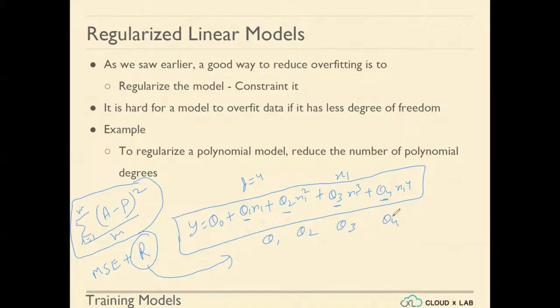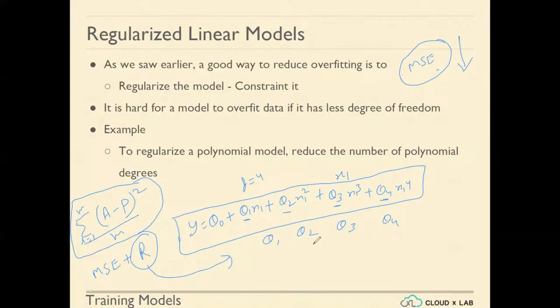If theta 4 is not required, theta 4 will become very small, right? With MSE error, we are calculating the optimal theta 0, theta 1, theta 2, theta 3, and theta 4 such that the MSE error is as low as possible, right? So we are solving a minimization problem.